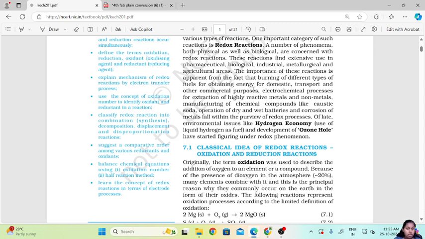For batteries, dry and wet batteries. Regarding batteries and electrochemical processes, you will learn in your 12th standard the chapter electrochemistry. There you will learn the importance of redox reactions in batteries and their operations. So in all these factors the redox reactions are involved.